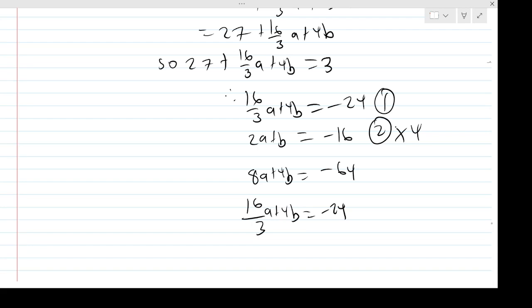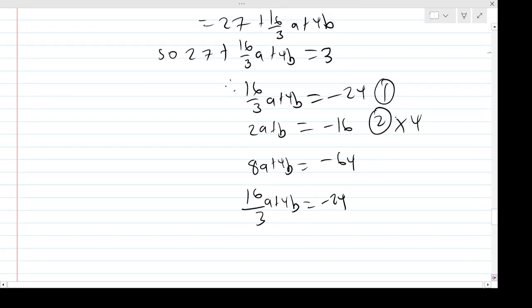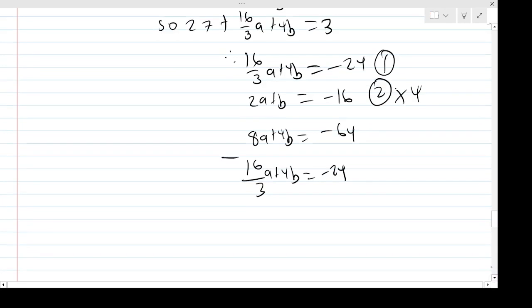What can I do here now to get rid of b? I can take away the two equations, right? So if I take away the two equations, well, 8 take away 16 over 3a is 8 over 3a. Then 4b take away 4b goes to 0, as we intended. So then that will equal minus 64, take away negative 24. That'd be a double negative, turn to a positive.